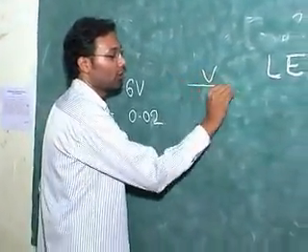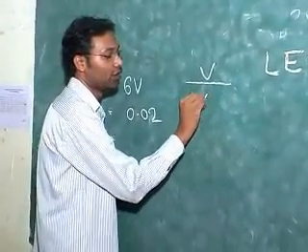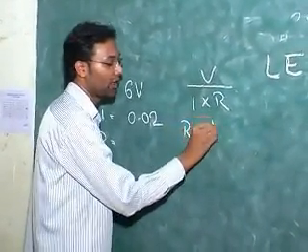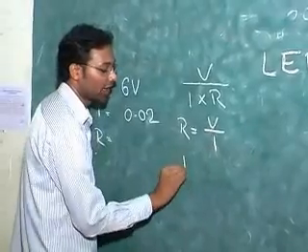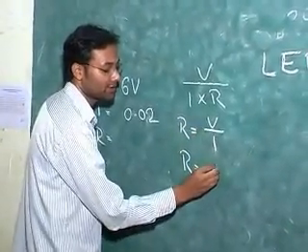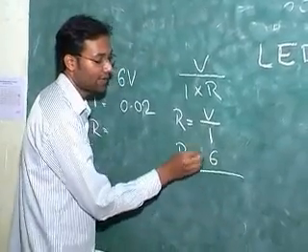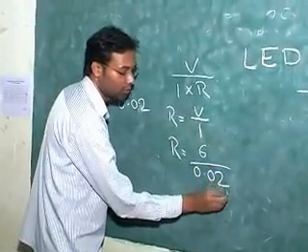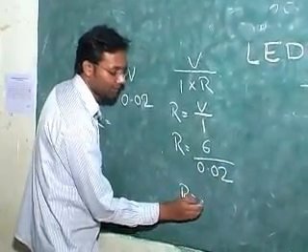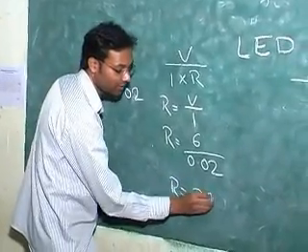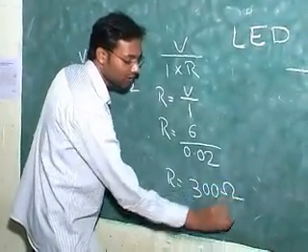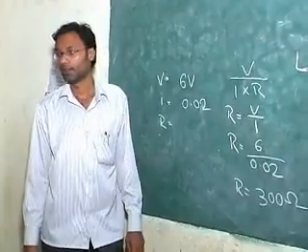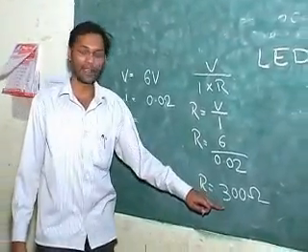V is equal to I into R. We are finding the R value, so R is equal to V by I. So R is equal to 6 divided by 0.02. Then R will be 300 ohms. How many ohms? 300 ohms. Right? So how did you get this answer 300 here?